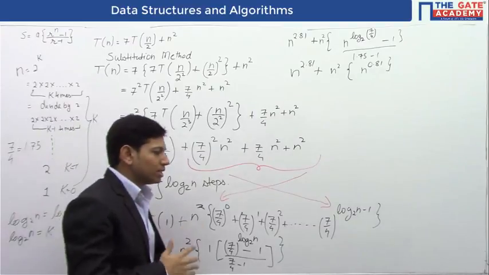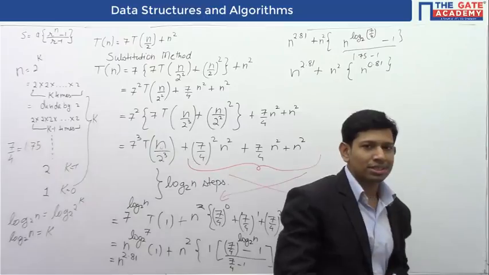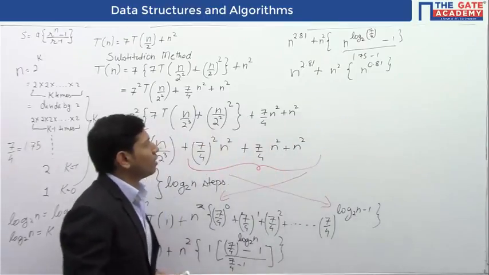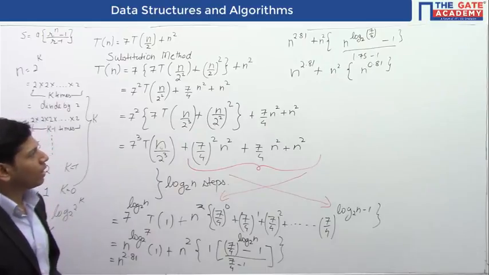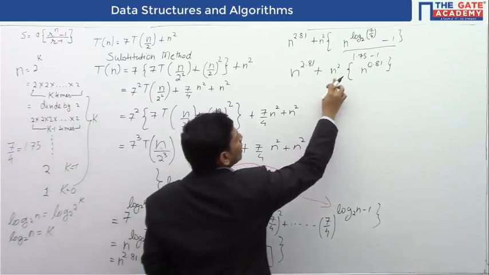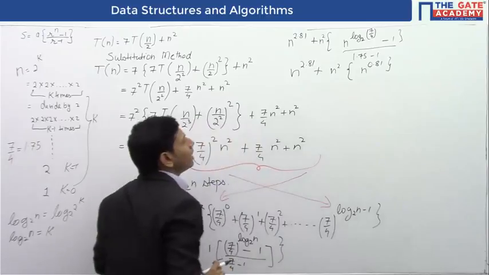Both are constants, and in asymptotics constants can be ignored. They don't make any difference to the asymptotic notation. So here we have n square into n raised to power 0.81.